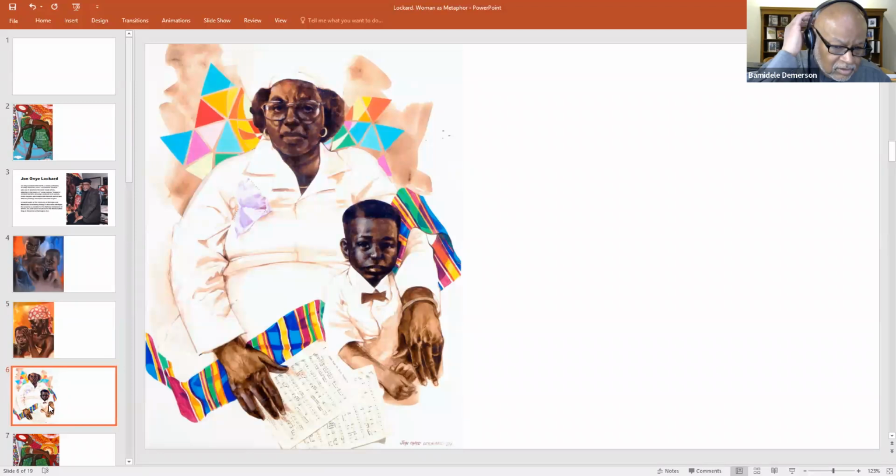When we look at this next painting, it is titled I'm Gonna Raise This One Myself. And when we look at this, we have to think what was going on in the late 80s and the early 90s. There was the crack epidemic that took hold in American cities.